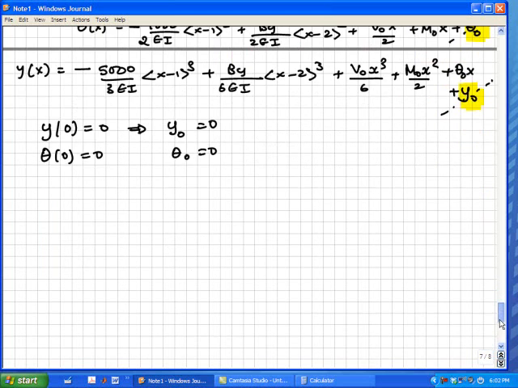And then I have free boundary conditions. This is at x equal to 0. Then y at L and y at 3. So free condition at x equal to 3. So V3 equal to 0, M3 equal to 0.